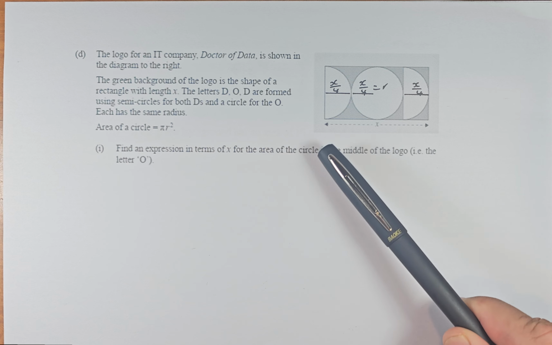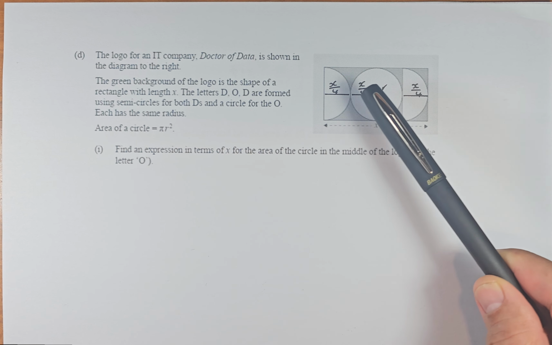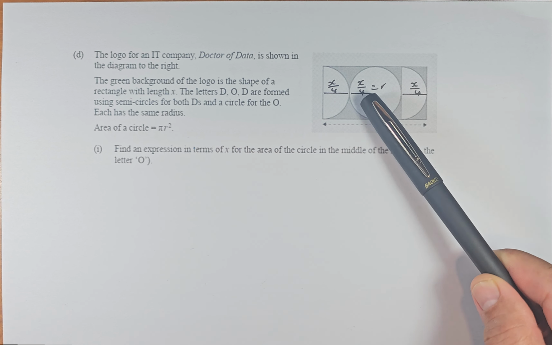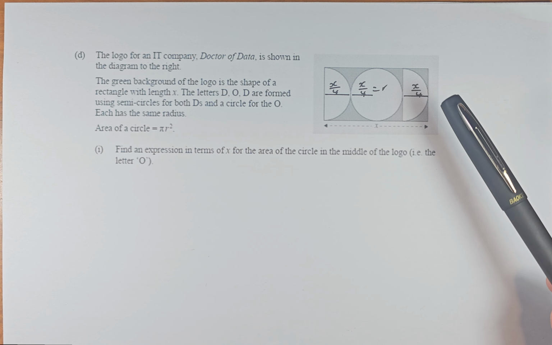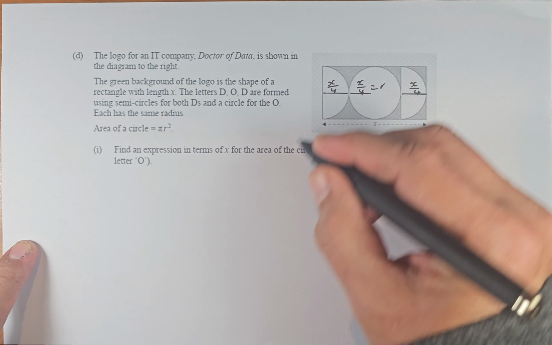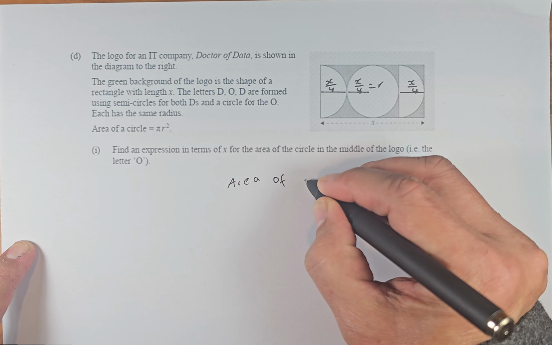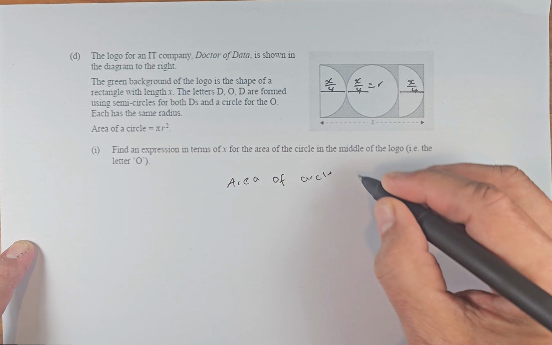So we need to know that this is x. Each of these semicircles is x over 4, because there are 4 parts: x over 4, then another x over 4, and x over 4. So we know that the radius of the circle is x over 4. To calculate the area of one circle, the formula is pi r squared.